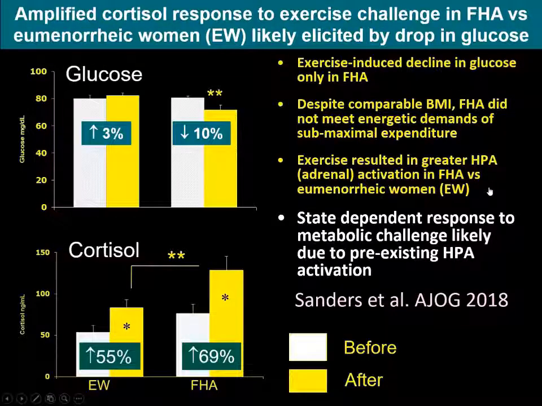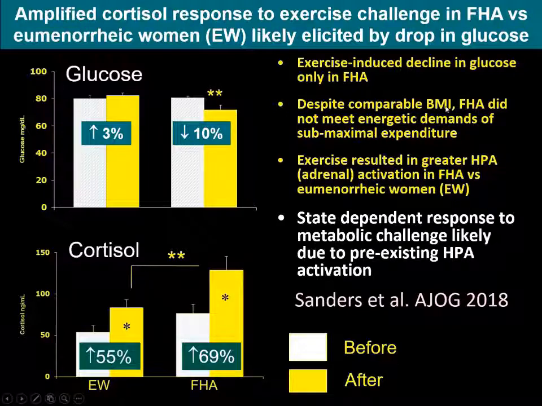So we did something similar with humans, just to prove the point. These are women, either eumenorrheic women as before, and in our paradigm, eumenorrheic means that they had a luteal phase progesterone of greater than 10 nanograms per ml. The functional hypothalamic amenorrhea designation means that they were normal body weight, did not have an eating disorder, and did not have a DSM diagnosable disorder.